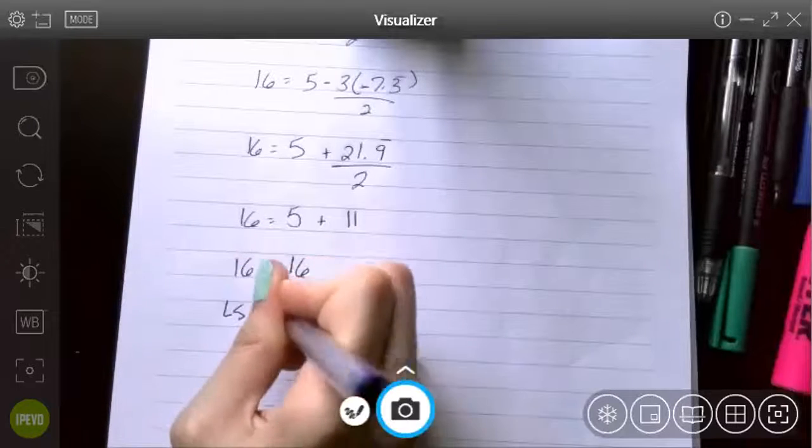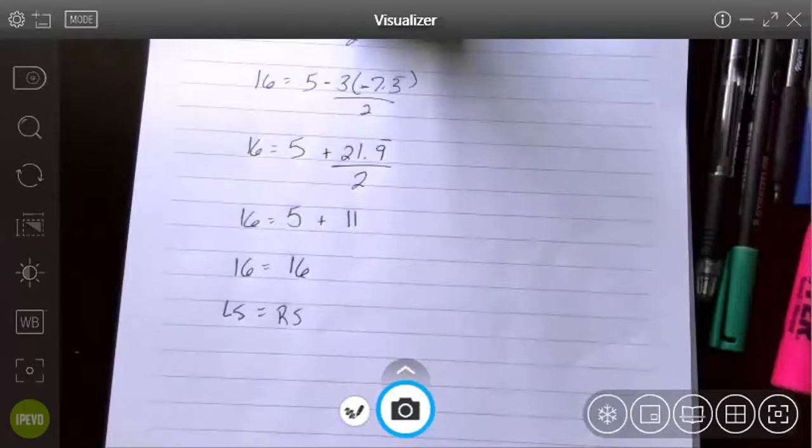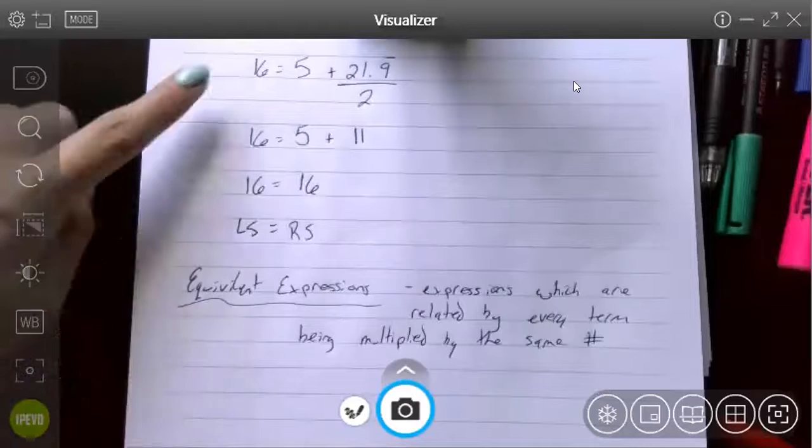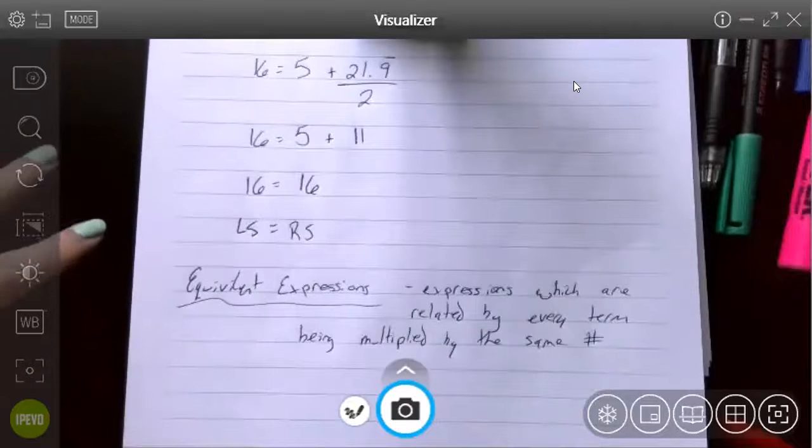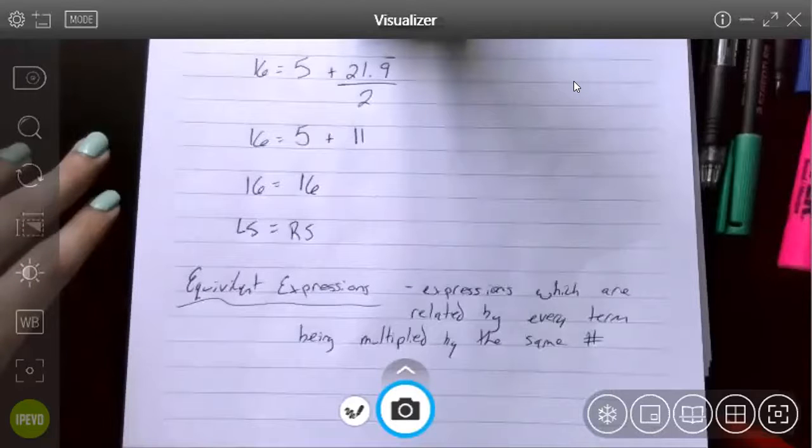So our left side equals our right side, which means that our solution of negative 7.3 repeating was correct. Okay, so this verification process is really useful. You can use it in a test or quiz anytime that you have found a solution to double check that you're right.